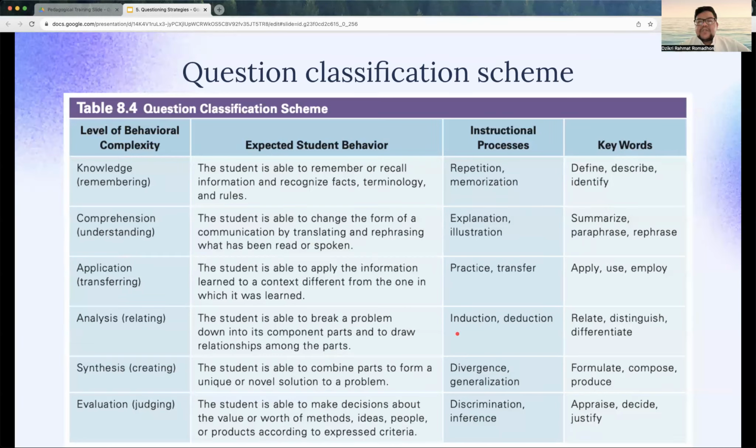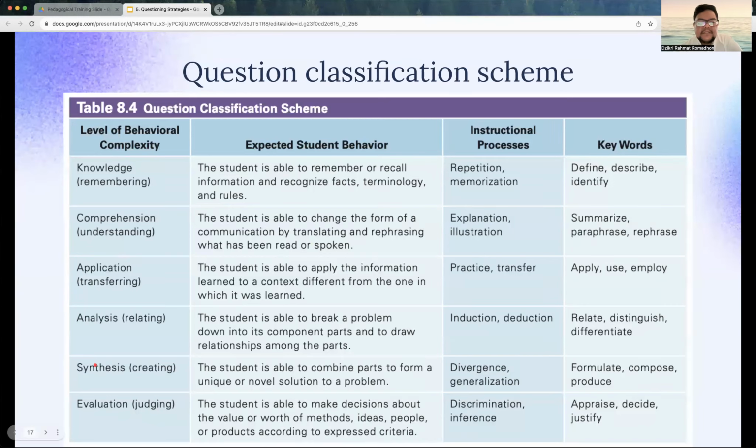So the instructional processes students have to do are induction and deduction. Induction is forming a concept from several facts, and deduction is formulating a hypothesis and proving it with the sample. Next, the keywords are relate, distinguish, differentiate.